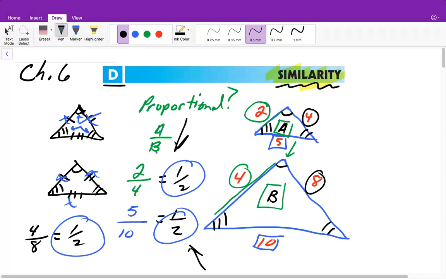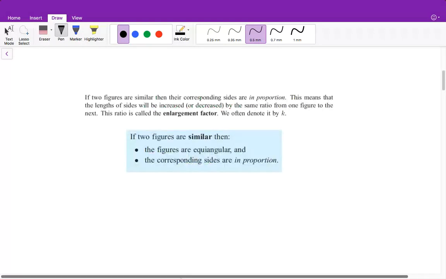All right, let's go ahead and talk about a few things more, and then we'll go through a couple examples. As I was saying, if two figures are similar, then their corresponding sides, just like congruent triangles, need to be corresponding, and they're in proportion. Meaning, if we put them in a fraction, let's say x over y, they will reduce to the exact same ratio.